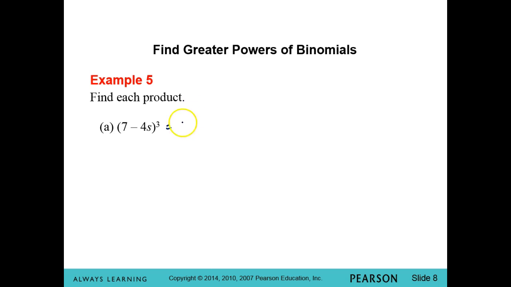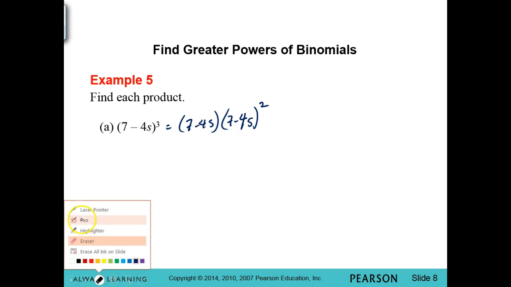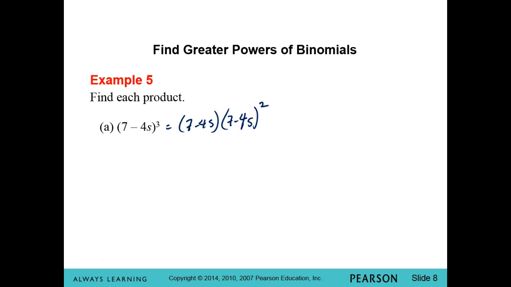Here's what I'm hoping I heard you say. 7 minus 4s times 7 minus 4s squared. Isn't a cubed multiplied by itself, and then just pick 2 of them together, you've got a square, right? So, first step, do the square binomial.